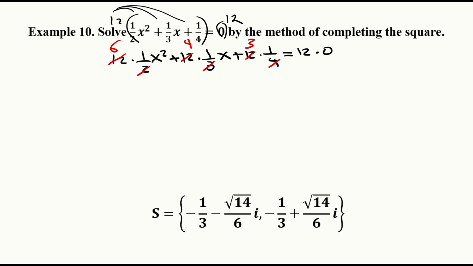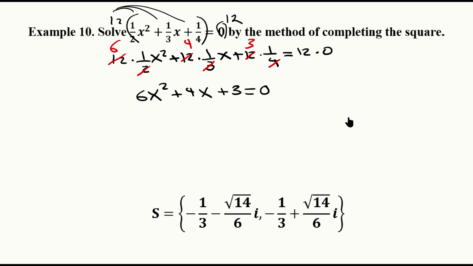So the simplified equation becomes 6x squared plus 4x plus 3 equals 0, which is just a regular equation like all the other ones we've handled tonight. So you should be able to handle this.